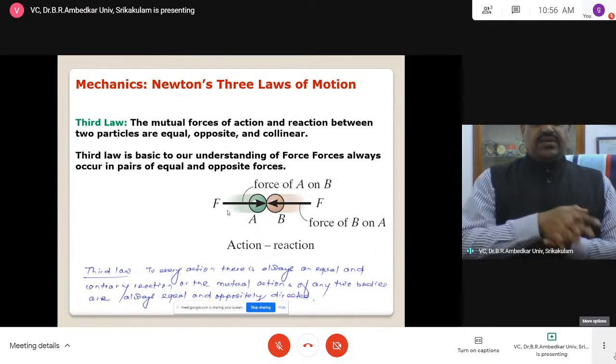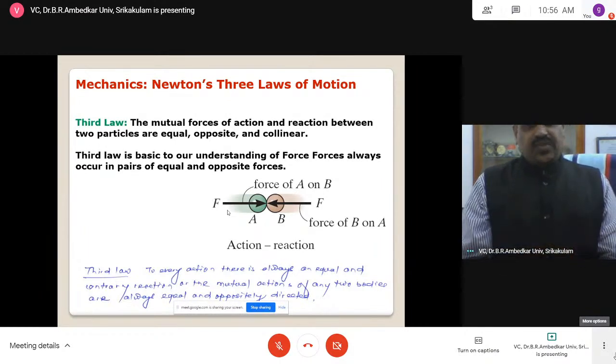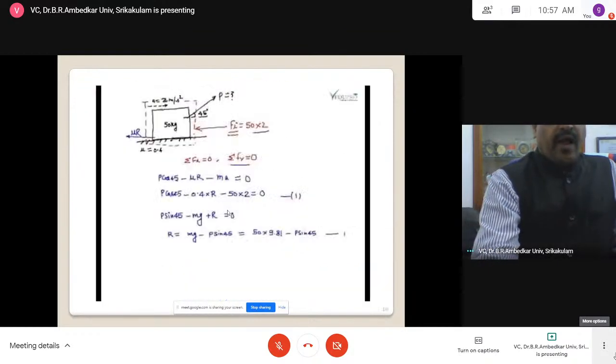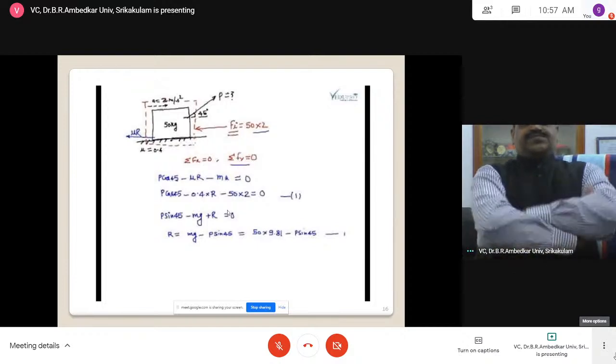If acceleration is 0, it is static, it is the first law. If only velocity is there, uniform velocity, that too. Third law: for every action there is always an equal and opposite reaction. That is what is called the third law. The third law deals with both static systems and dynamic systems.